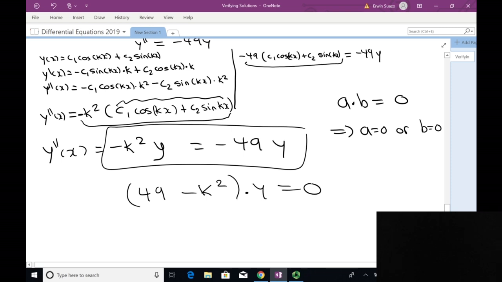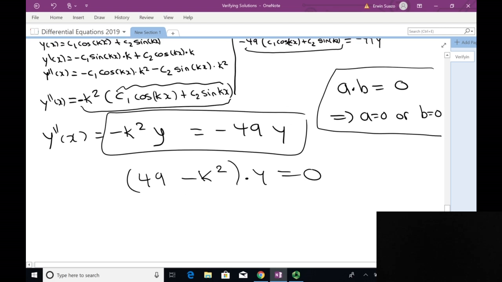If you have a times b equals 0, this implies a equals 0 or b equals 0. If you work with matrices, if you know something of linear algebra, a times b equals 0 doesn't mean this applies. That's a good reason why in quantum mechanics they don't use real numbers. They prefer matrices. So this is a good property, but sometimes it's not. For now, this is a good property. So from this, I can say either 49 minus k squared equals 0 or y equals 0.